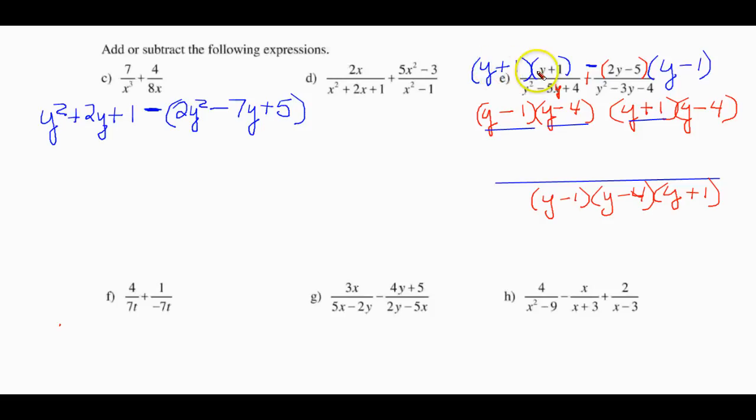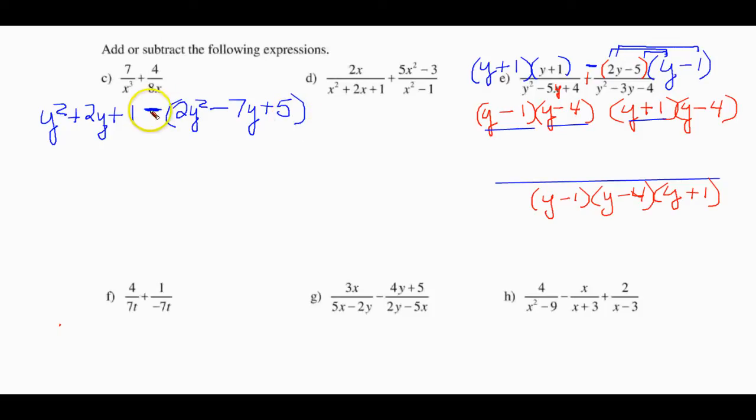This is actually squaring that binomial to get a perfect square trinomial here. And then when we do this, we get a positive 2y squared right there. Our outers, a negative 2y. Our inners, a negative 5y, which gives us a negative 7y. And then negative 5 times negative 1 gives us a positive 5.